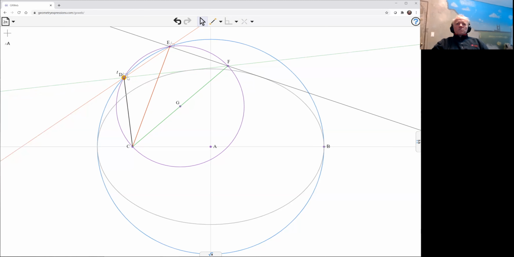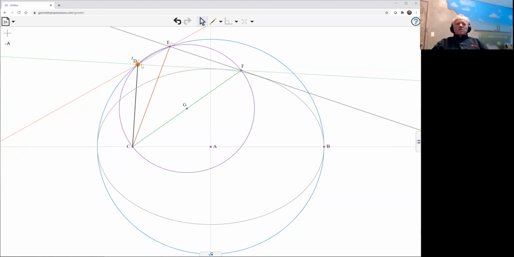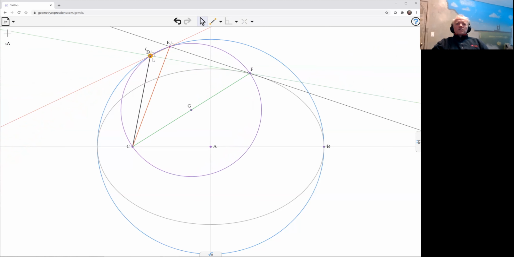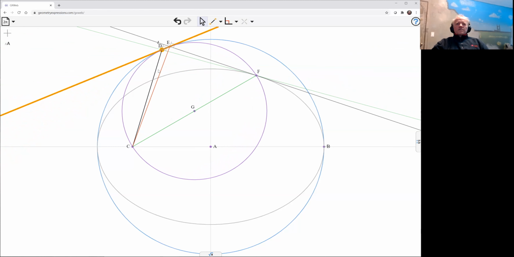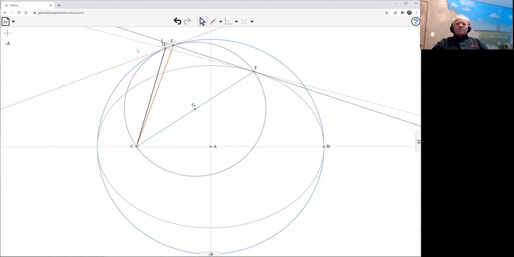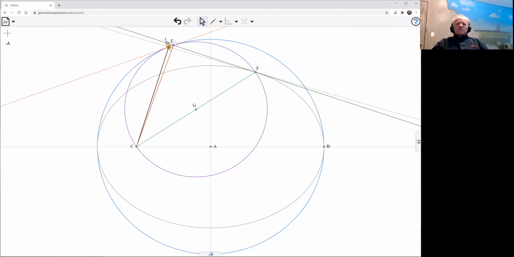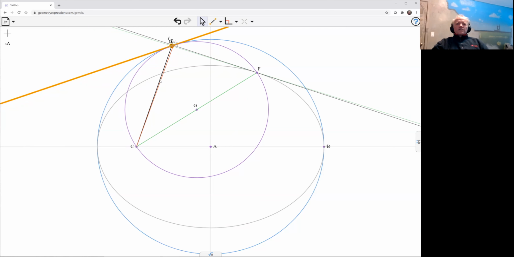Now, as we move D towards E, let's move that D to E more conventionally. So the red triangle is this one, and the green triangle is this one.